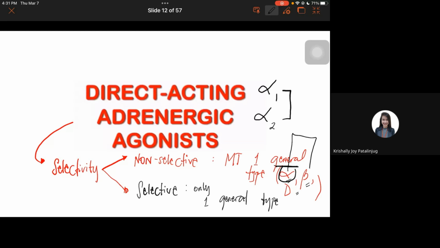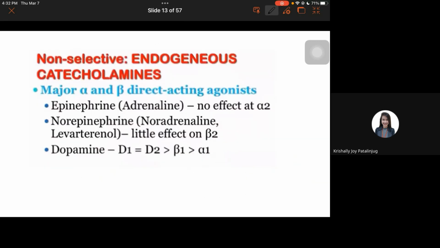So, pwedeng mag-bind lang siya sa isang alpha, either or both, alpha 1 and alpha 2, as long as one general type nga receptor. Kung beta 1, beta 2, pero isa lang na general receptor, beta lang naman sila. So, selective pa rin siya. Okay? Sige. So, those are the sub-classifications based on selectivity ng mga direct acting sympathomimetics.